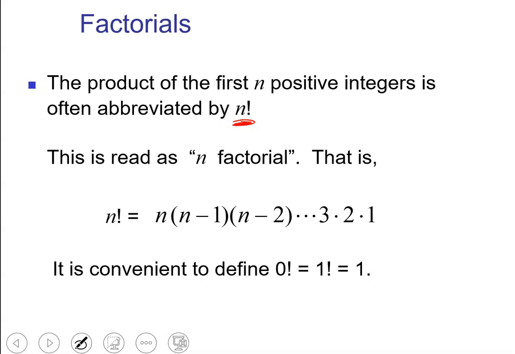So if I had 5 factorial here, I start with the number 5, and I count all the way down until I get to the last number, and I multiply all those together. So 5 times 4 is 20, times 3 times 2, so that would give me 120. It is also important to know that 0 factorial is equal to 1 factorial, which is also equal to 1. All of these are equal to 1.